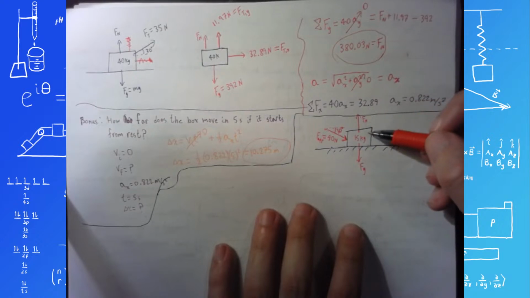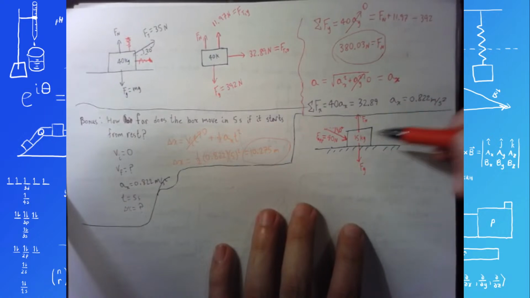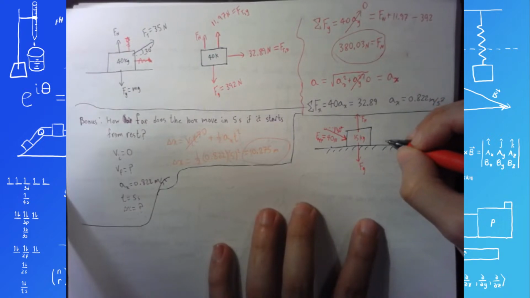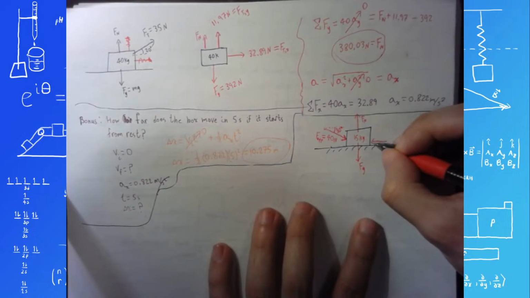In the absence of friction, which way would this box move? Looking at all these other forces I drew, it looks like the vertical forces are going to cancel out, and all that's going to be left is one horizontal force to the right. So without friction, this object would have moved to the right, assuming that it started at rest. So the kinetic friction then would have to be to the left.